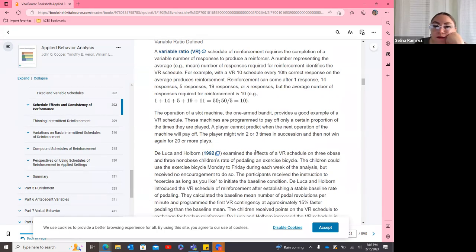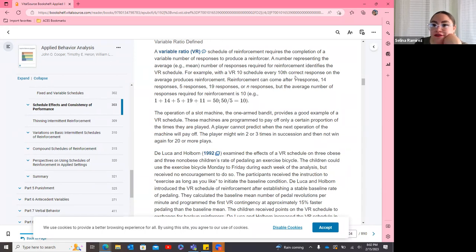Okay, then we have variable ratio. Variable ratio schedules of reinforcement require the completion of a varied number of responses to produce the reinforcer. So that's the one we talked about on average. Oh, look, they give you the mathematical equation, if you want to mess with your brain. So for example, with a VR10 schedule, every 10th correct response on average produces reinforcement.